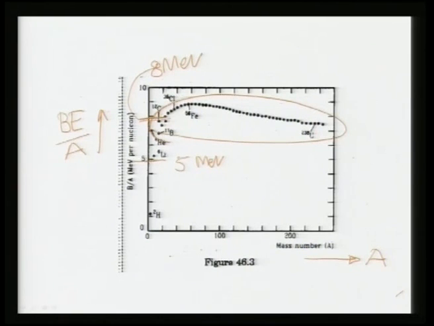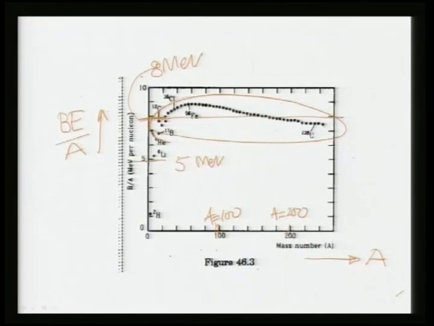If I draw a line from here, look at this, everything seems to be around 8 MeV. It is not going proportional to capital A, it is not increasing with A. This point is A equal to 100, and this point is A equal to 200.